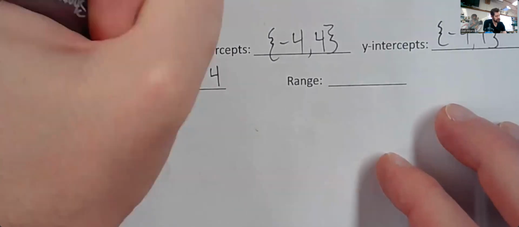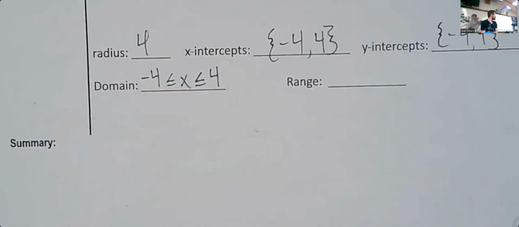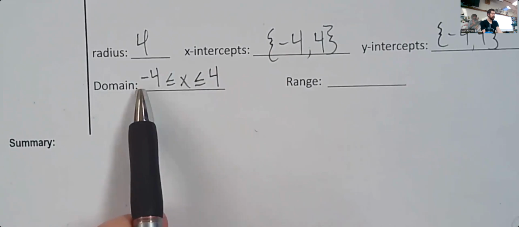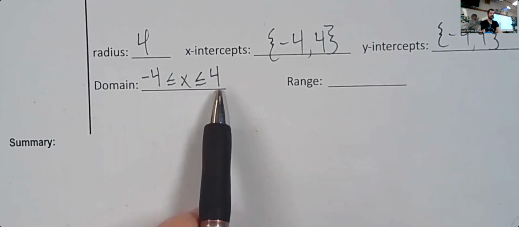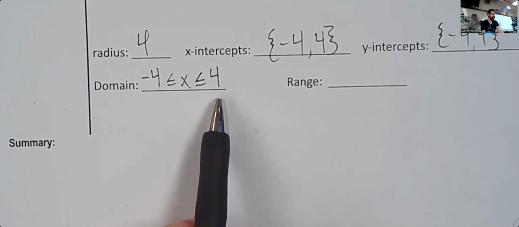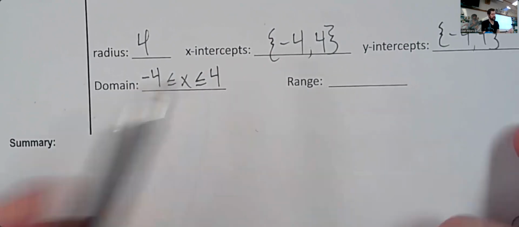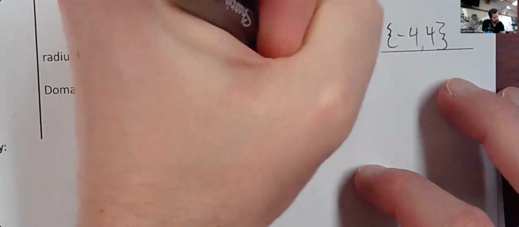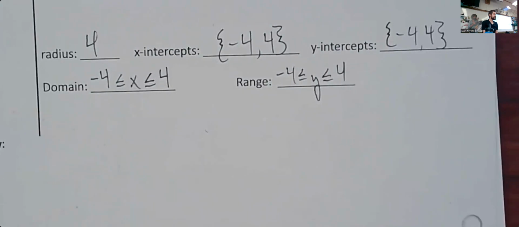So less than or equal to here, less than or equal to here. So x is greater than or equal to -4, but x is also less than or equal to +4. And in the case of the range, it's the exact same thing, but the only difference is we're going to have a y in the middle instead of an x. So we'll say -4, +4, put the y in the middle, less than or equal to, less than or equal to, and that's it.